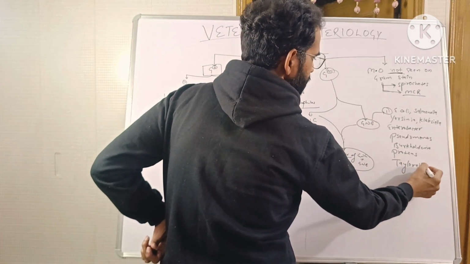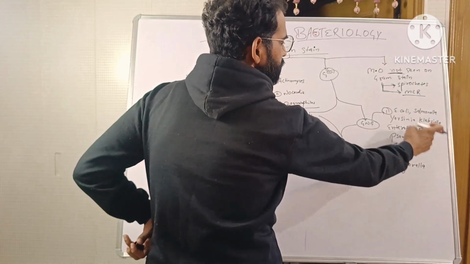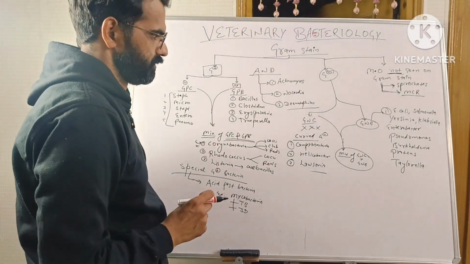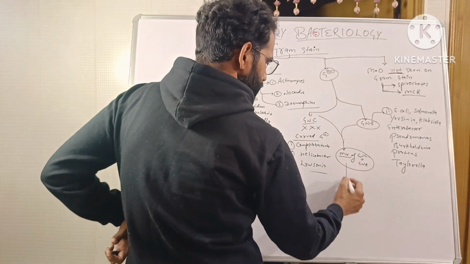So these are the gram negative rods. Then we have a mixture of these two.